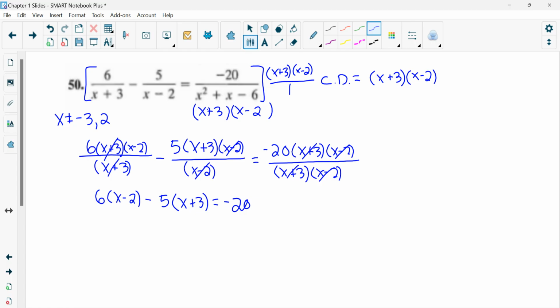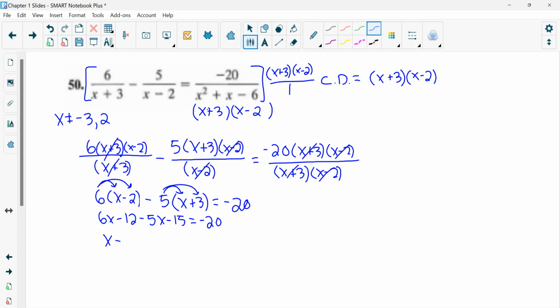All right, so now it's just getting the x by itself. So we are going to distribute. So 6x minus 12. Distribute the negative 5. So minus 5x minus 15. And that's equal to negative 20. Combining our like terms, 6x minus 5x is just x.